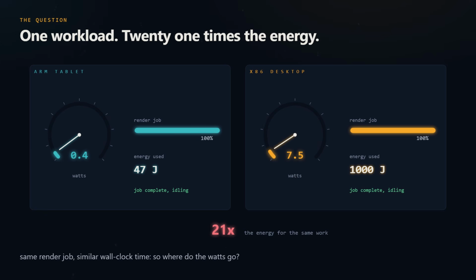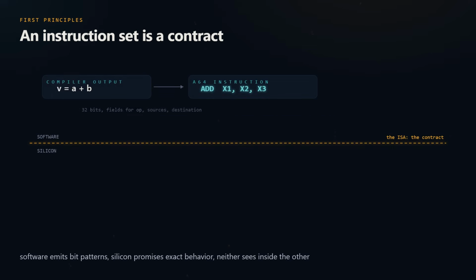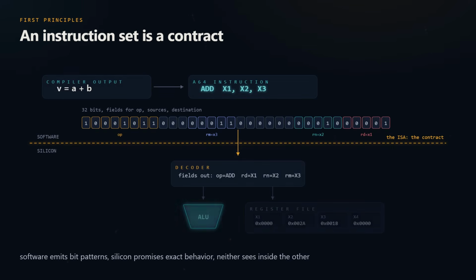To see them, we have to start at the contract. An instruction set architecture is a contract. Above-the-line software, compilers emit patterns of bits. Below-the-line silicon, the vendor promises that each pattern triggers exactly the behavior the manual specifies.